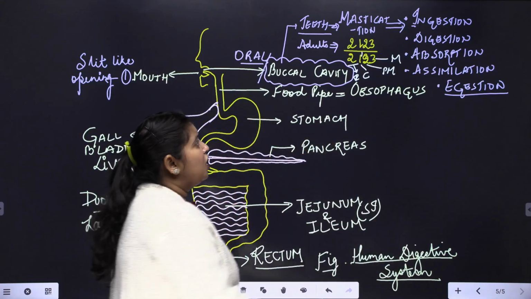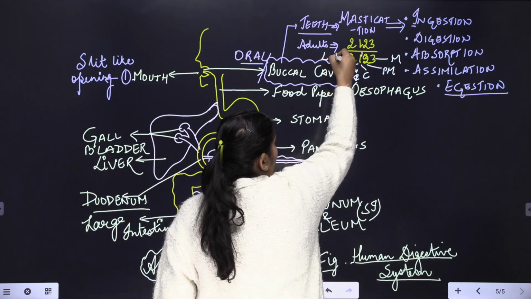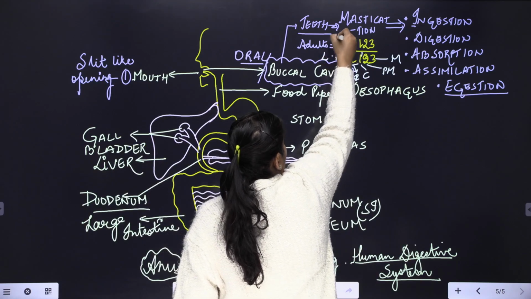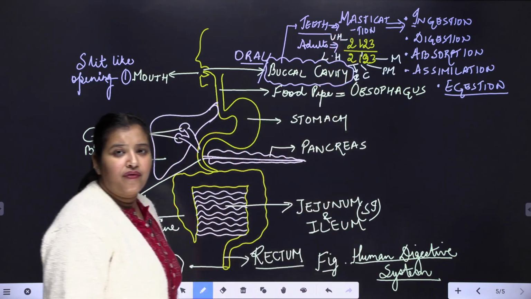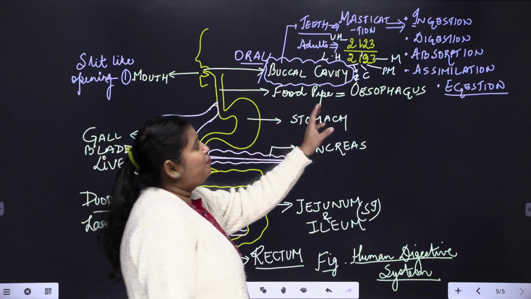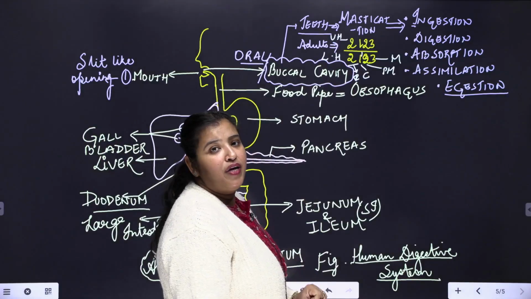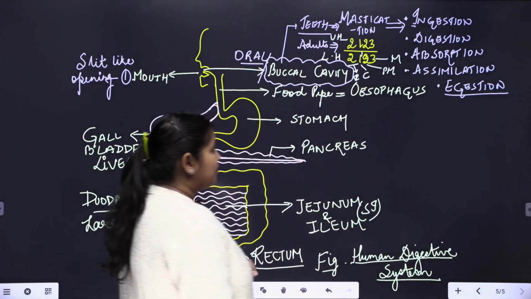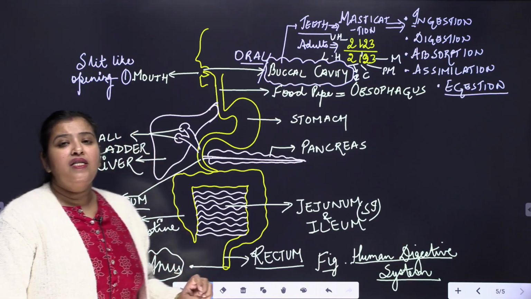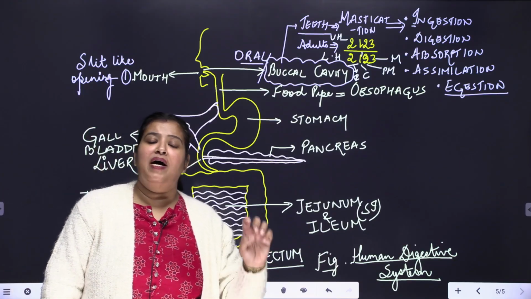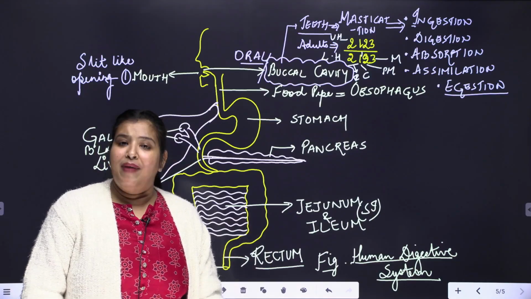So this is the lower half jaw and this is the upper half jaw. All right. So in the half part we have 2, 1, 2, 3. This is the dental formula that you should be knowing in case of adults. All right. So teeth help in chewing the food, and the name of the process is mastication.